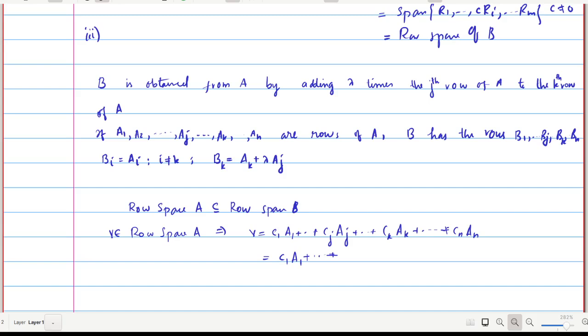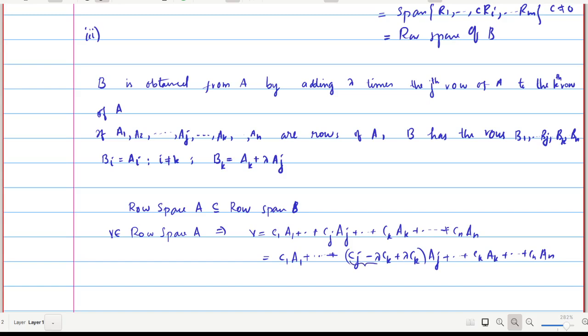So we rewrite this as C1 times A1 plus etc. We replace this Cj Aj as Cj minus lambda times Ck plus lambda times Ck, into this Aj. This will never change the sum because we are adding 0, and we have Ck Ak here, etc., Cn. Now we distribute this bracket.